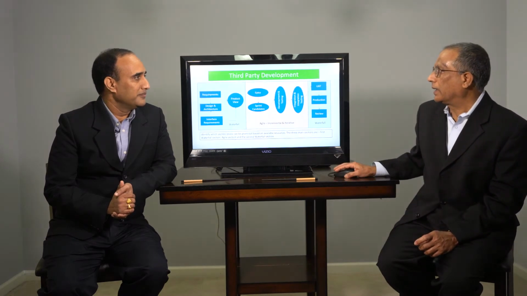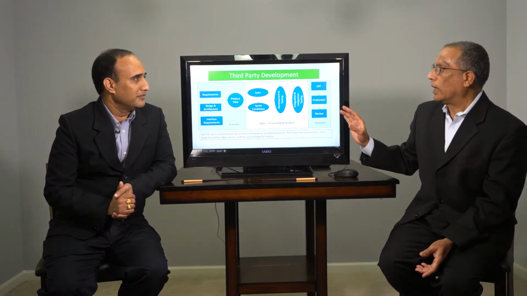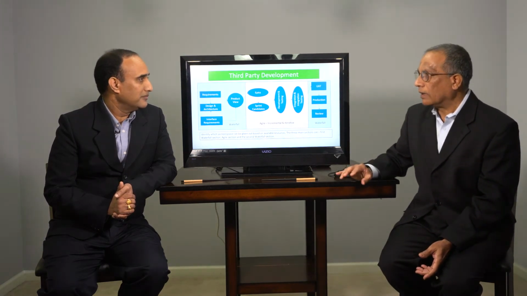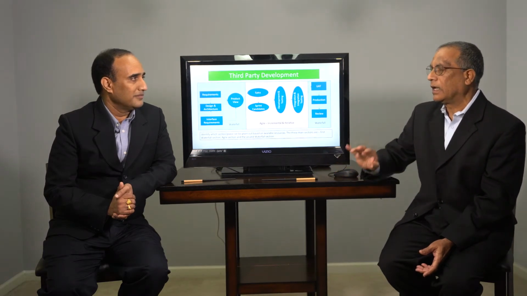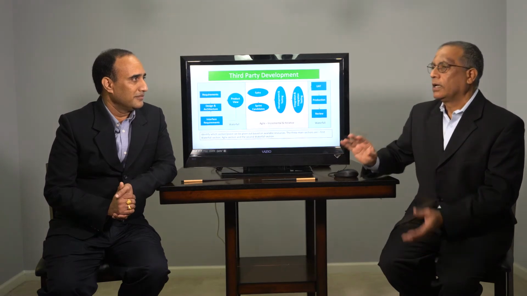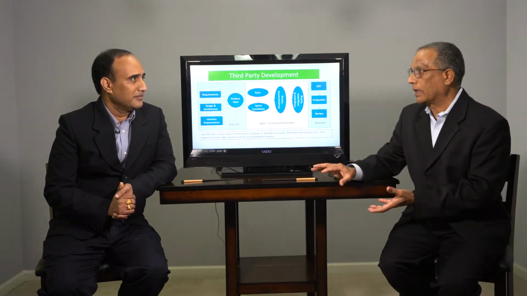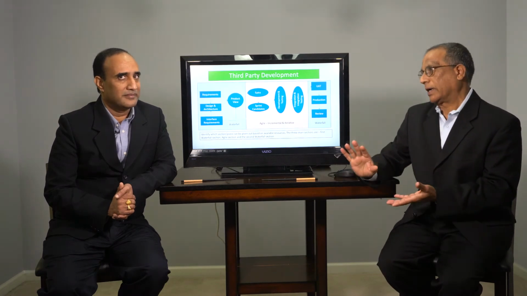So how does WatAgile support third-party development? Yeah, that's very important in this model. If you look at it, this model is so flexible to accommodate any combination of outside development. If you are giving this to somebody within your group, I call that second-party development.